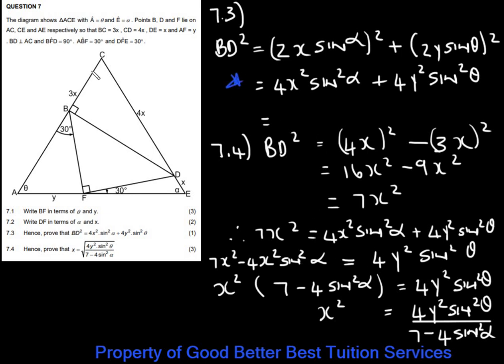But we can also work out BD squared using Pythagoras in the big triangle here, CBD. And we see that we can say 16x squared minus 9x squared, which gives me 7x squared. And I'm going to equate that 7x squared to the value we got here, which is 4x squared sine squared alpha plus 4y squared sine squared theta.